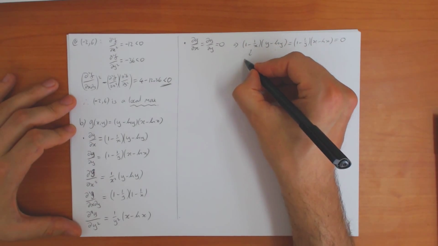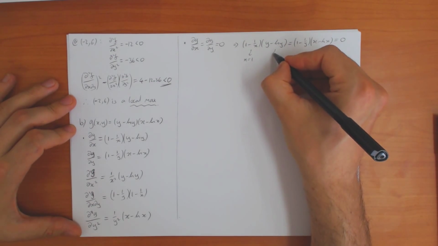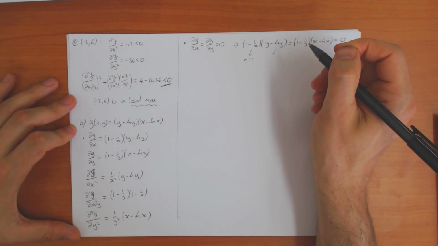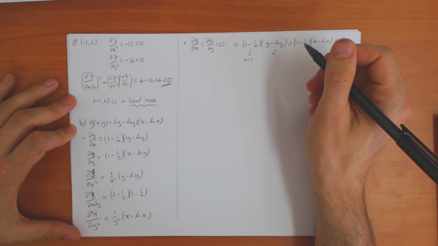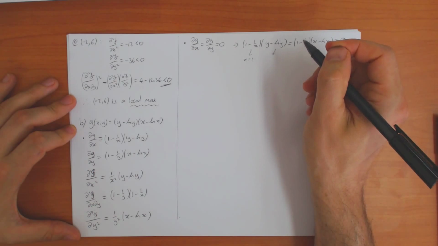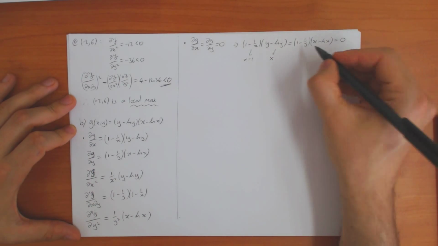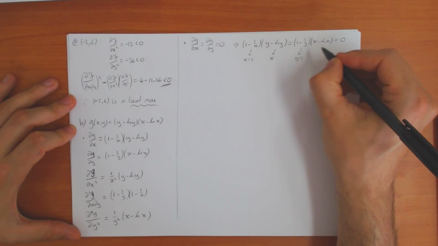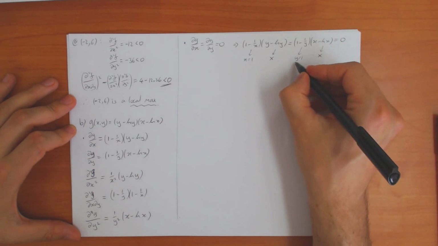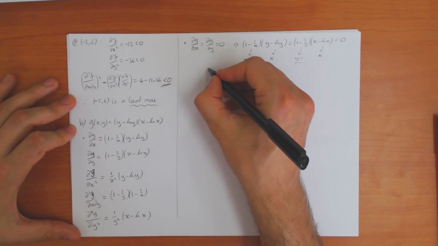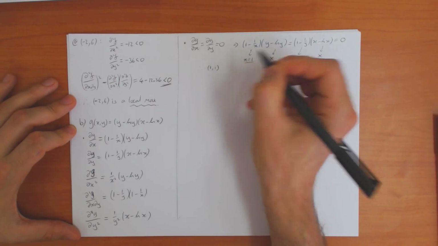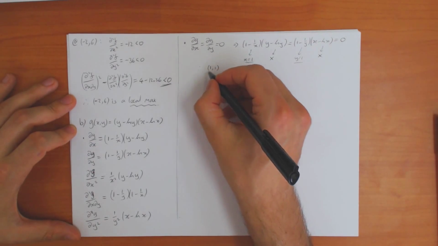This one is 0 when x equals 1. This one is 0 when y equals log y. That does not have solutions. And this one again is 0 when y equals 1. This one does not have solutions. So your only solution is the point (1, 1). That's the only possibility.